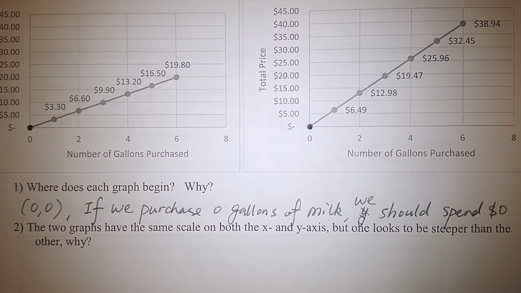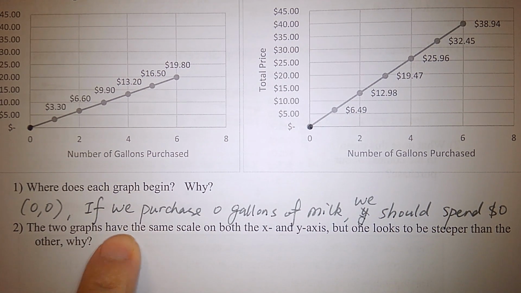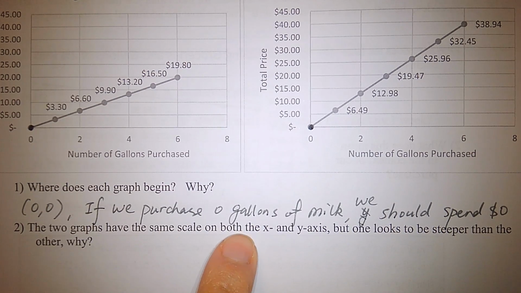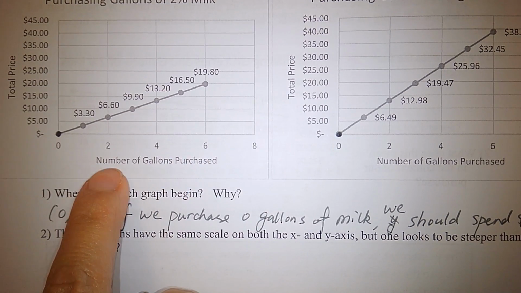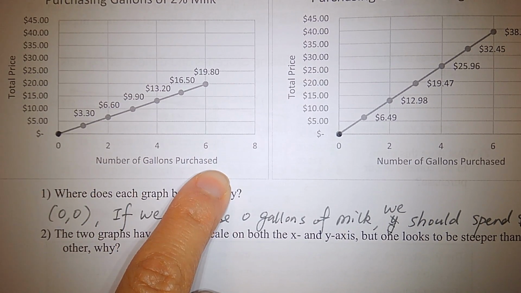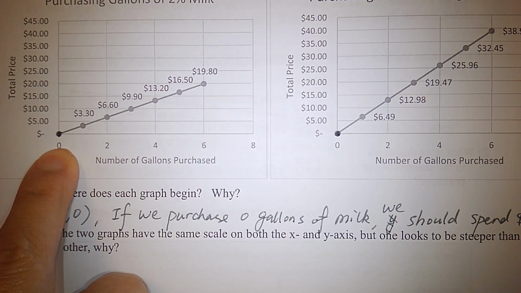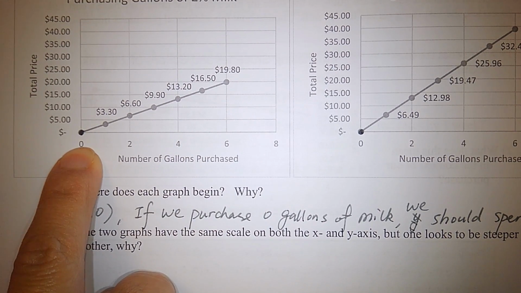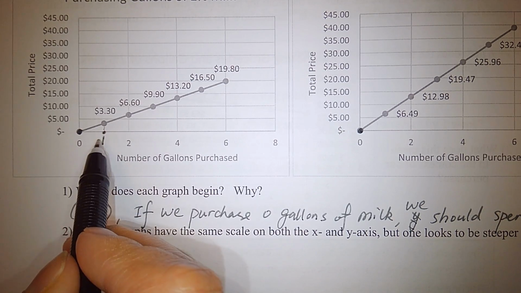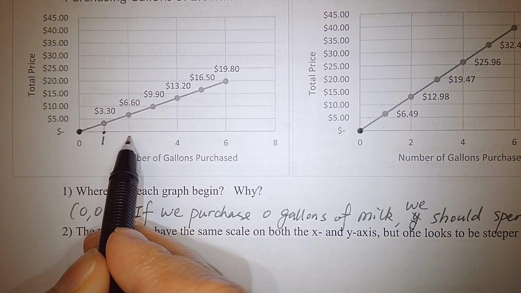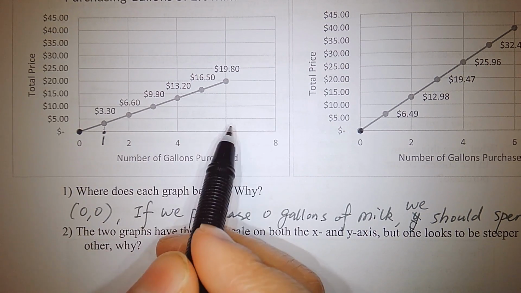Question 2. These two graphs have the same scales on both x and y axis. What does the x-axis give us? Number of gallons of milk purchased. So this 0 means 0 gallons we buy, then we don't buy anything. This means if we buy 1 gallon of milk, we buy 2 gallons of milk, 3, 4, and so on.